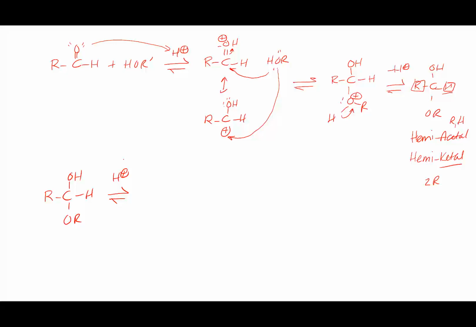And it always matters. But in this case, if I protonated the OR group, I would go backwards because these are all equilibrium steps. So the only way to go forward is to protonate the OH. That's the only way to move forward. Okay, so I move forward by protonating the OH. And now I make this oxonium ion.